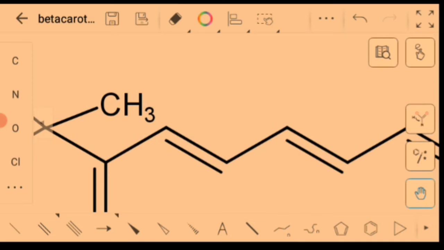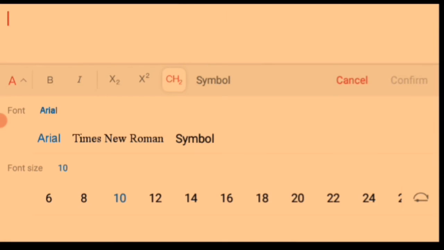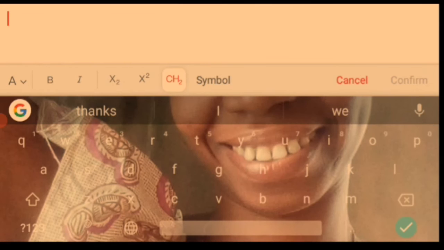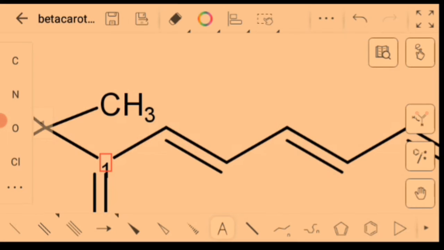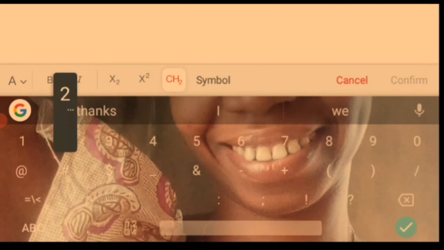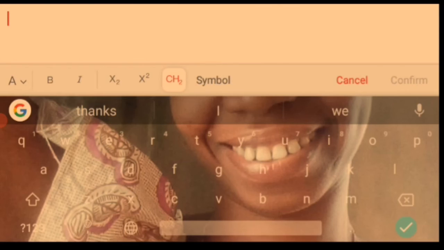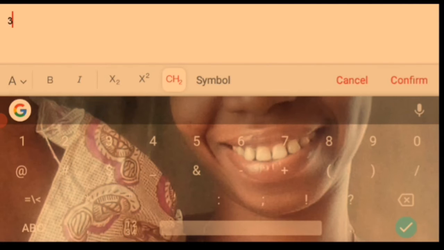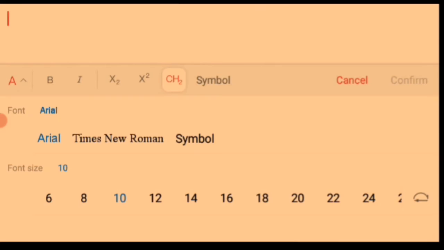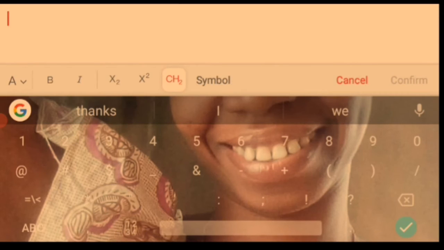So now I'm going to input my methyl group. This is how I input the methyl group to make it easier for me. I count from this bond. I count 1, 2, 3, then carbon 4.